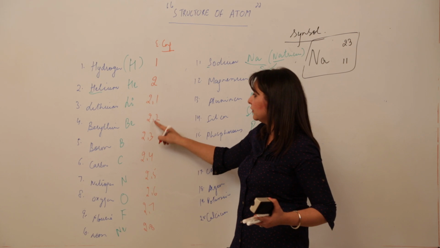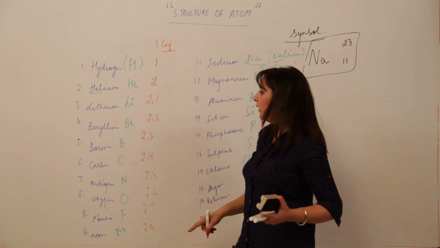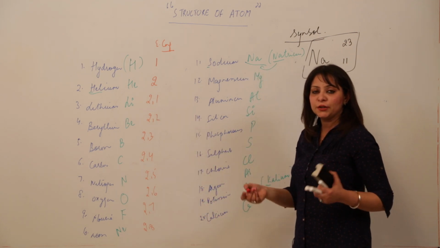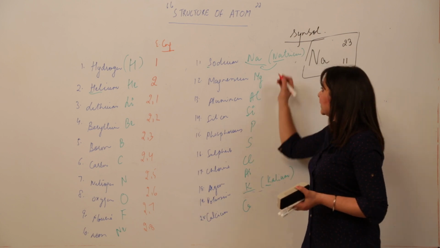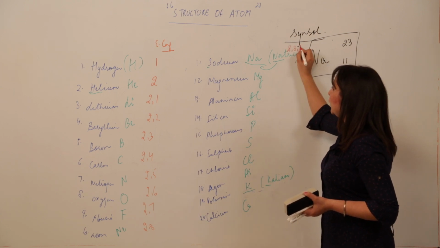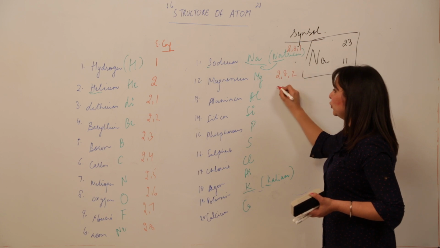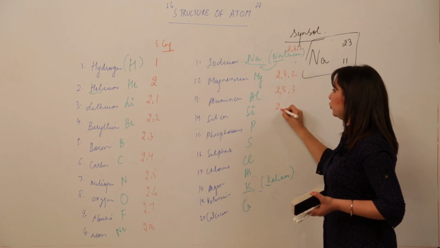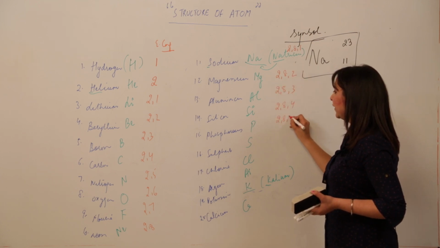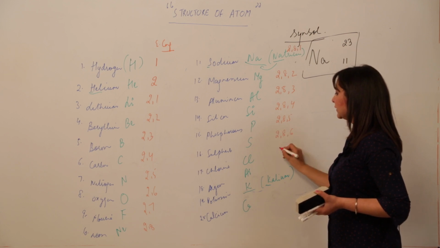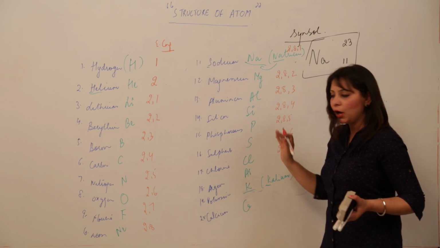Don't forget to write the commas, okay. It will differentiate which electrons are in the K shell and which are in the L shell. Similarly for these, 2,8,1; 2,8,2; 2,8,3; 2,8,4; 2,8,5; 2,8,6; 2,8,7. You know now how I am writing it.